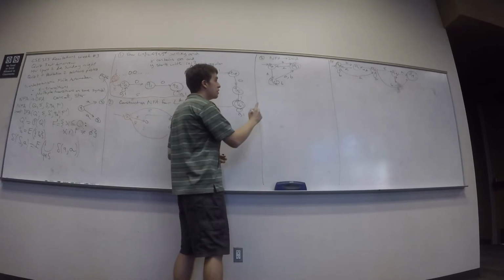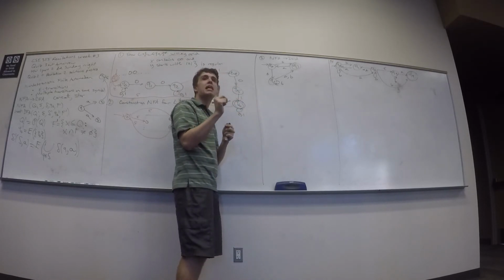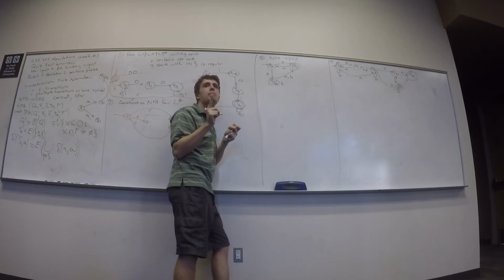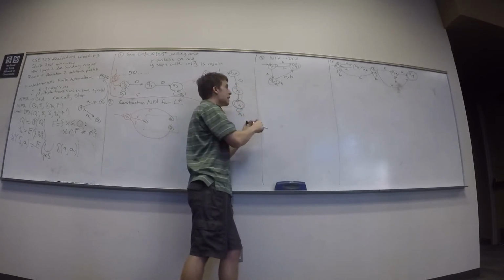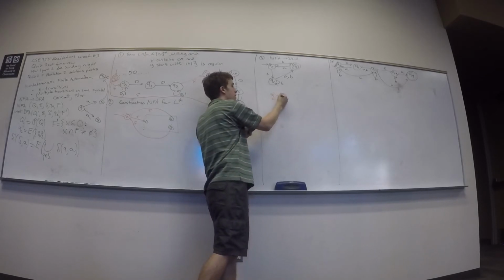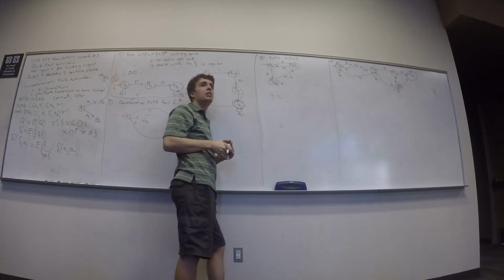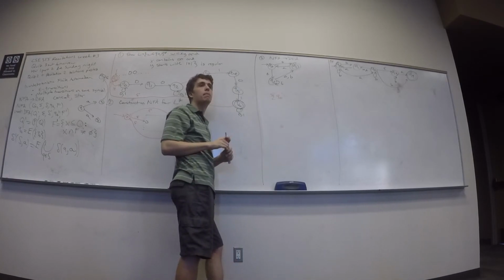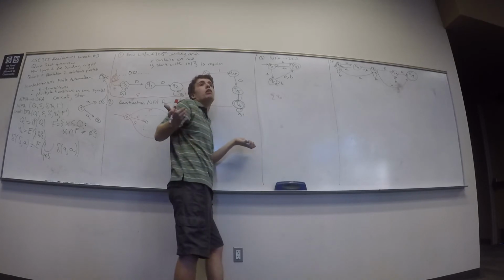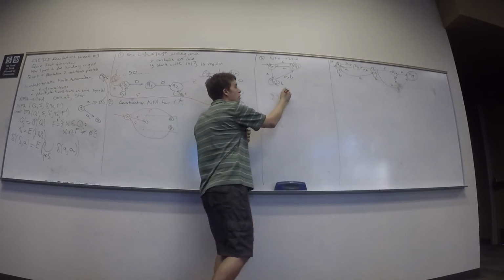So at the start, what set of states can I possibly be in? I could be definitely in Q0. Can I go anywhere else without having read anything? No, there are no epsilon transitions.